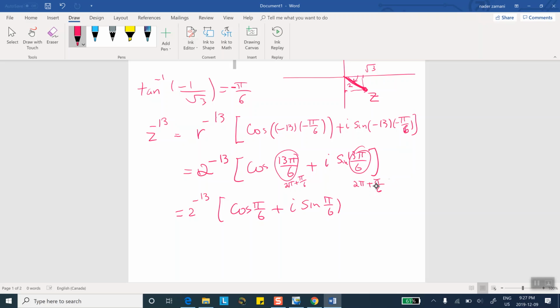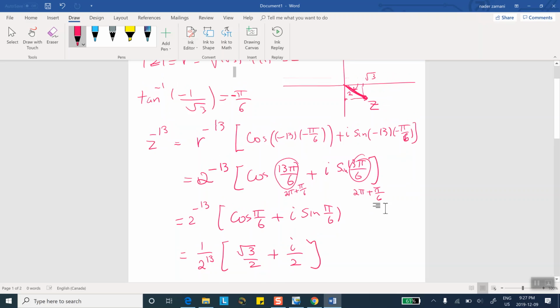Sine of 2 pi plus pi over 6 is the same as sine of pi over 6. So this is going to be 1 over 2 to the 13, times root 3 over 2, and this is 1/2. Probably the answer in the book is going to look something like what you see here.